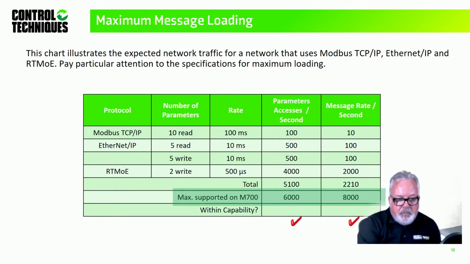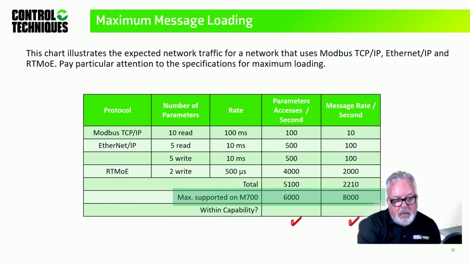And by the way, our factory fit Ethernet modules on the M700 or the Digitax can run Modbus TCP and Ethernet IP. Now with version 2, newer drives within the last year or 2, I guess now, also support Profinet and RTMoE.